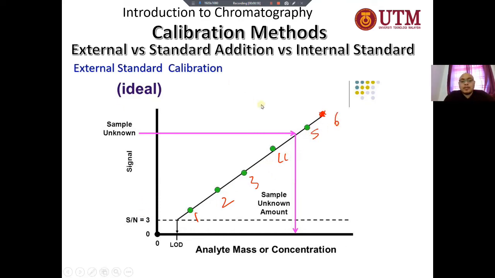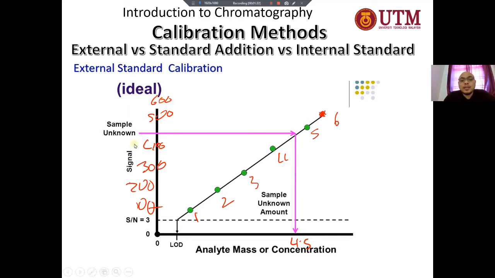From the calibration, for example, you run the unknown sample and you will have a signal. From the signal, you can trace along the graph to obtain your sample concentration. For example, in this situation, it is about 4.5. For example, 1 gives 100 signal, 2 gives 200, 3 gives 300, 4 gives 400, 5 gives 500, and 6 gives 600 intensity of signal.